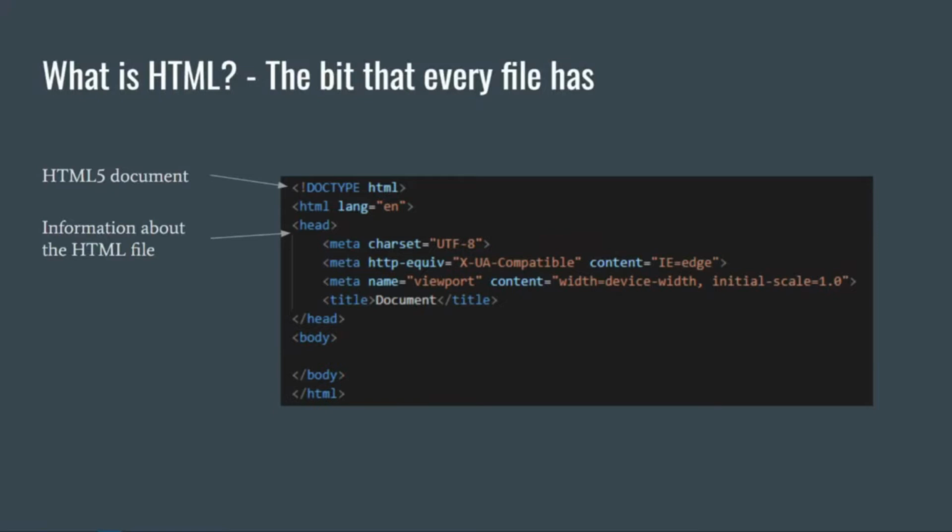In the head tags, this is where the information about the HTML file is stored. This tells a browser how to read it. The title tag is what you would see in the tab at the top. And then everything else that appears on the web page will be slapped in between the body tags.